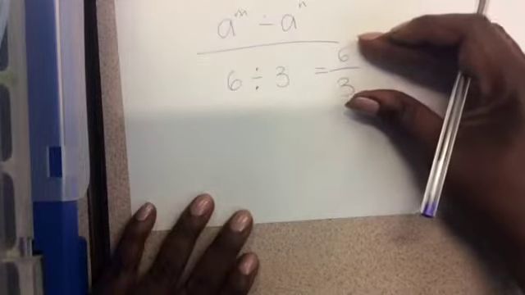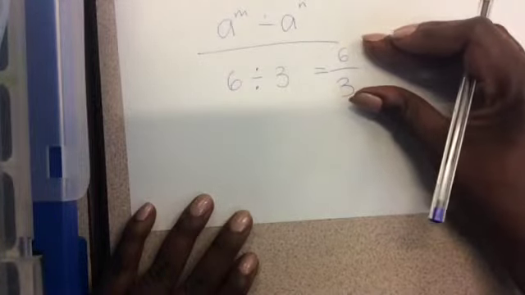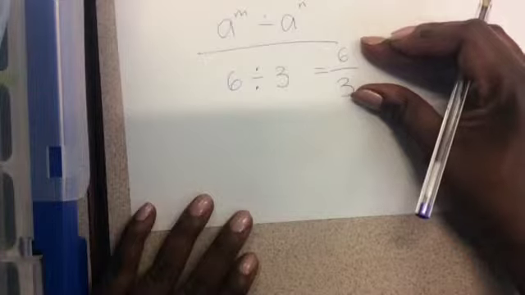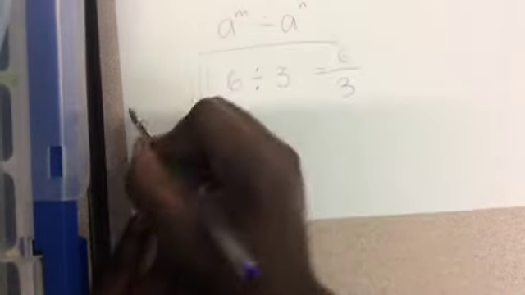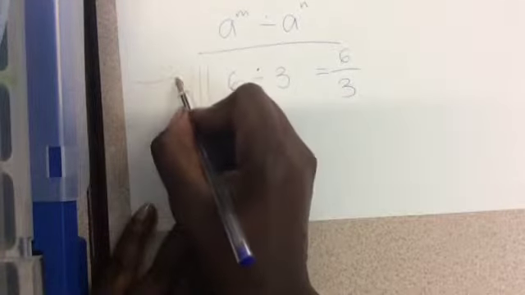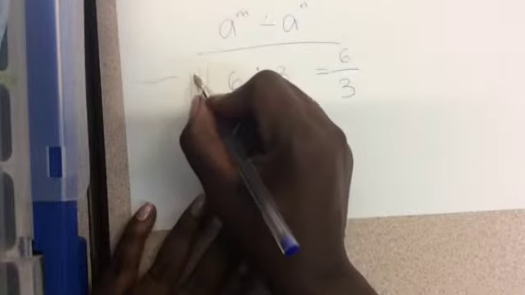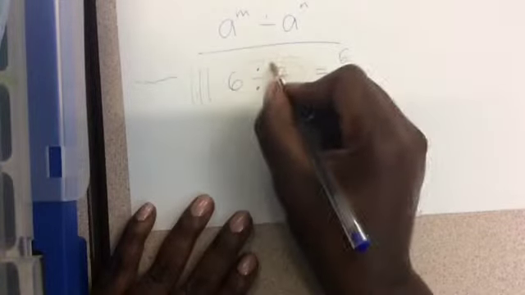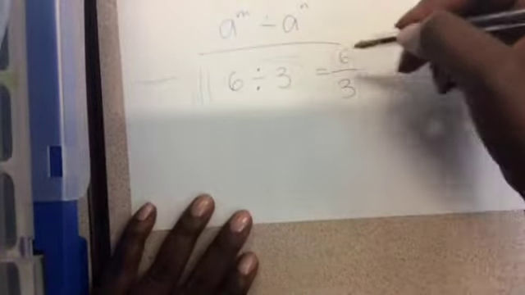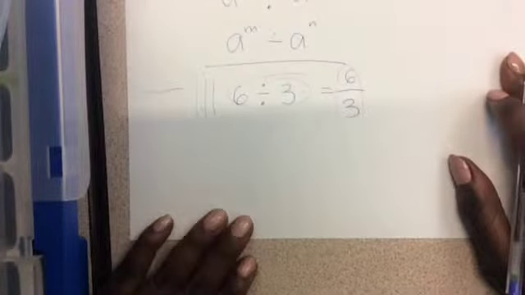If you don't like fractions, please do not let this put you off, okay? In the olden days, when they used to do their accounting and stuff like that, and they used to have the books where like, Johnny owes me 6 divided by 3, it was just easier to write column-wise. That's all this is. This is just writing a division in a column. That's all a fraction is.